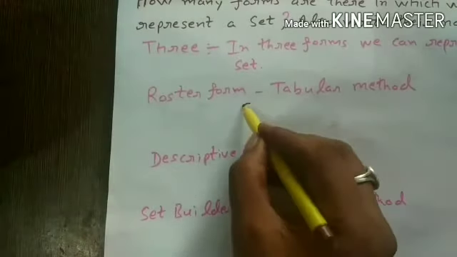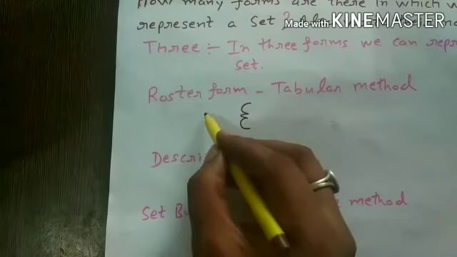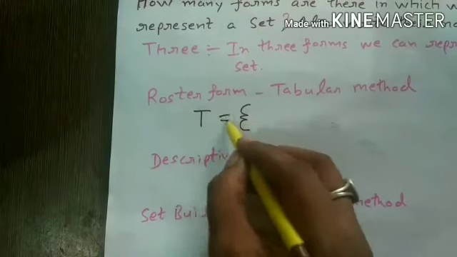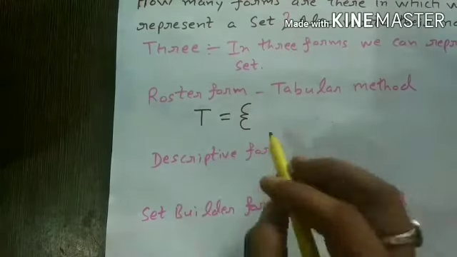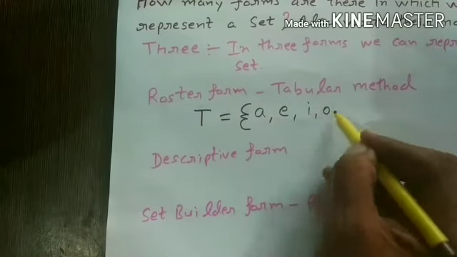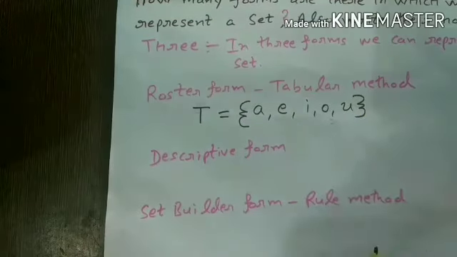You will write just like this. Vowels, I will take the name of this set as T, and it will be A, E, I, O, U. Okay students, now these are the vowels of the English alphabet.